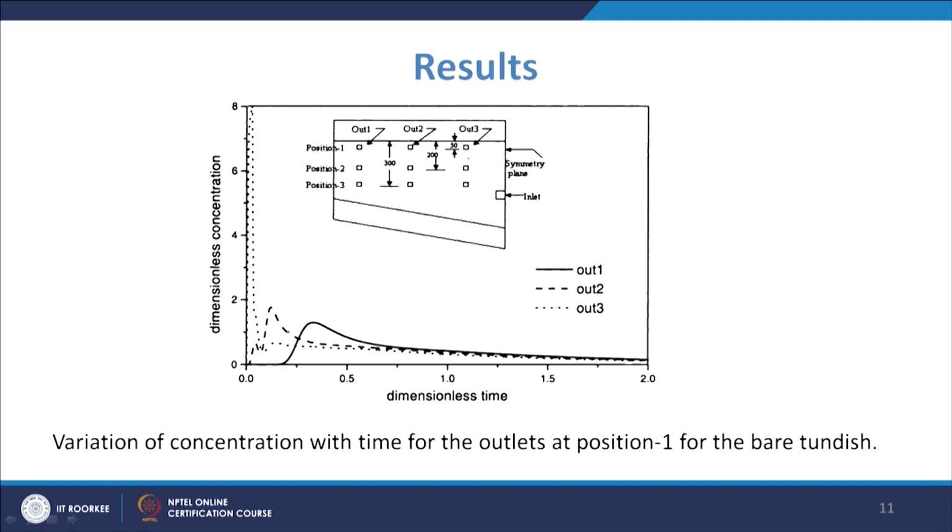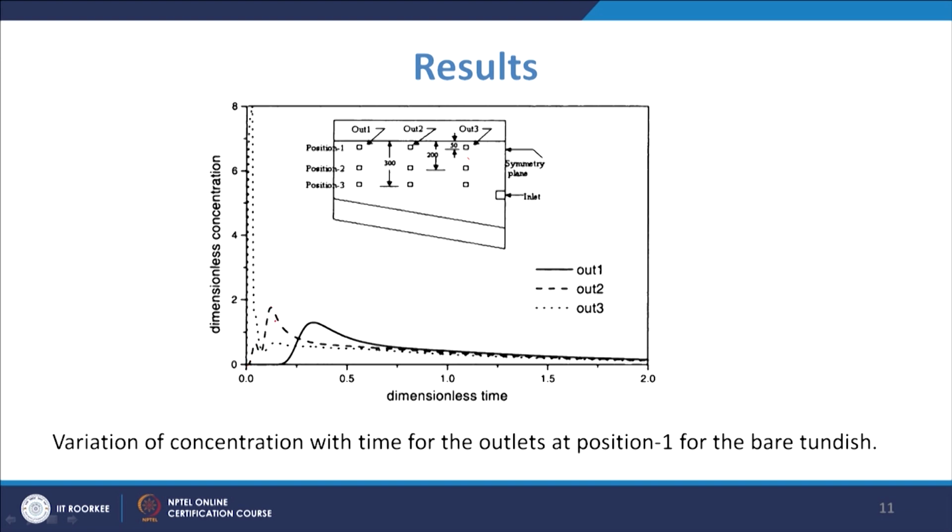Now, in this case it starts a little late, and you see that the peak is also at a considerably smaller value. This is indicative of some amount of plug volume.